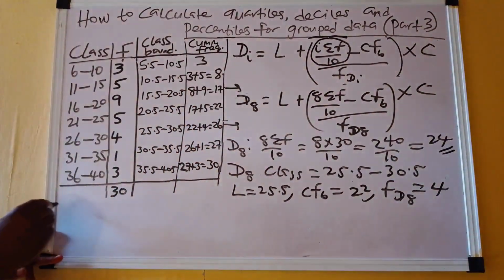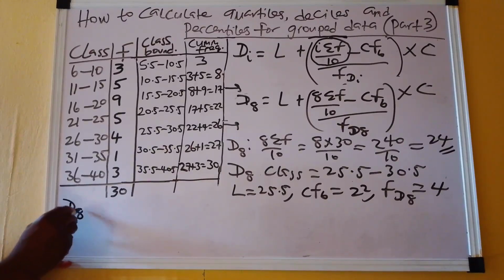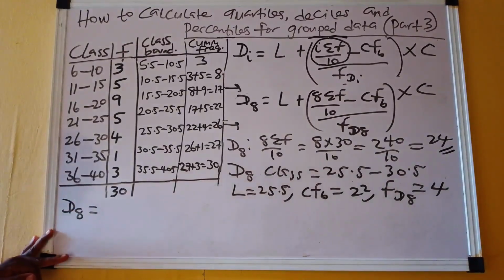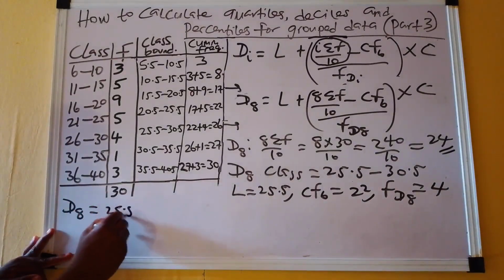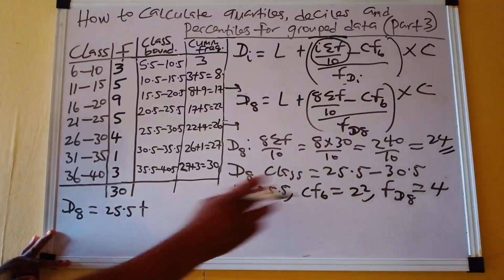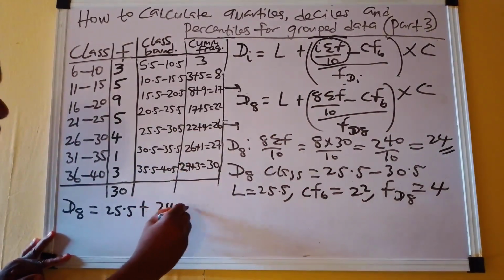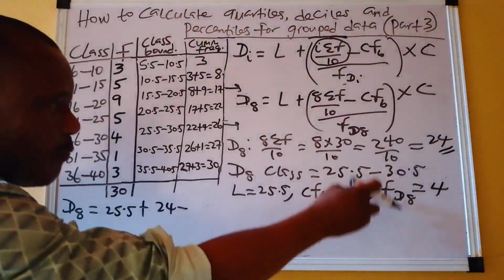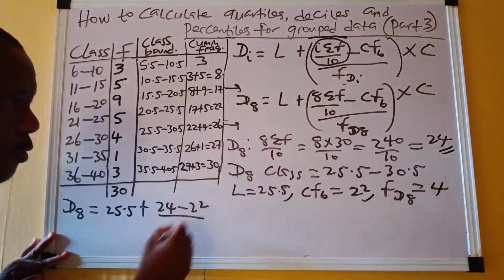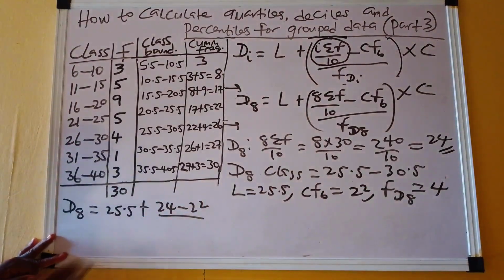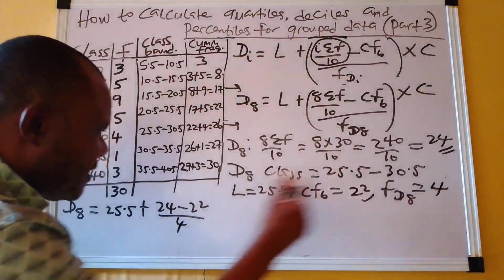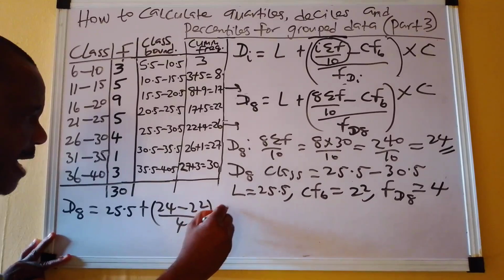Now let us go ahead and calculate our D8. Our D8 will now be equal to 25.5 plus, of course, 8 summation F over 10, which is 24, minus the cumulative frequency before that, which is 22, all over 4, the frequency of the D8 class, of course, times 5.